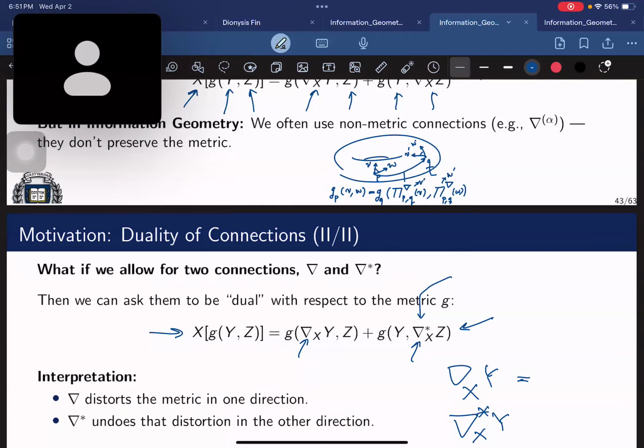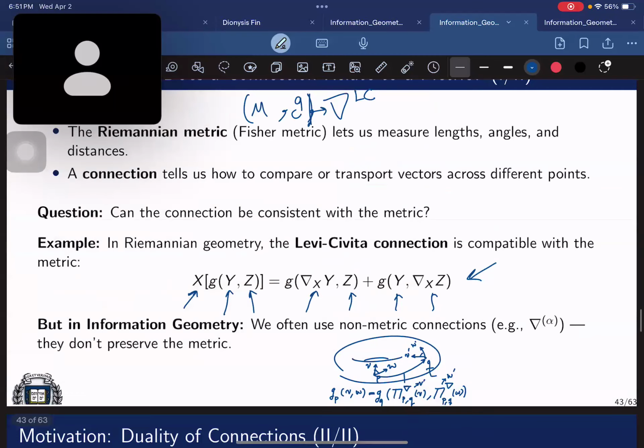The question someone might ask is why consider connections other than the Levi-Civita connection? We will see that in information geometry, of the paths we took last session between 2 points, some were the least-loss-of-information path, which coincides with the KL divergence, and another one was the optimal transport path.